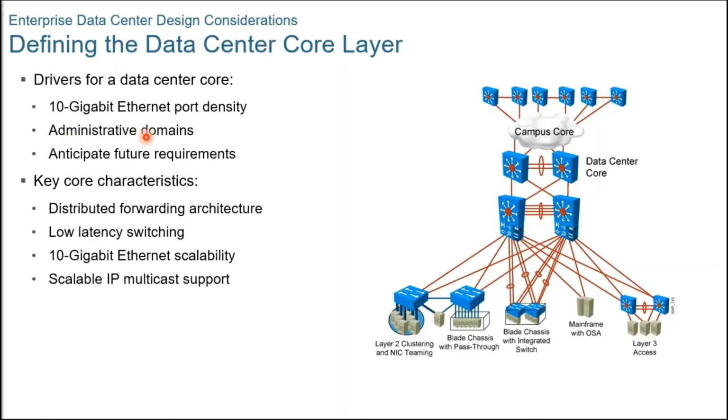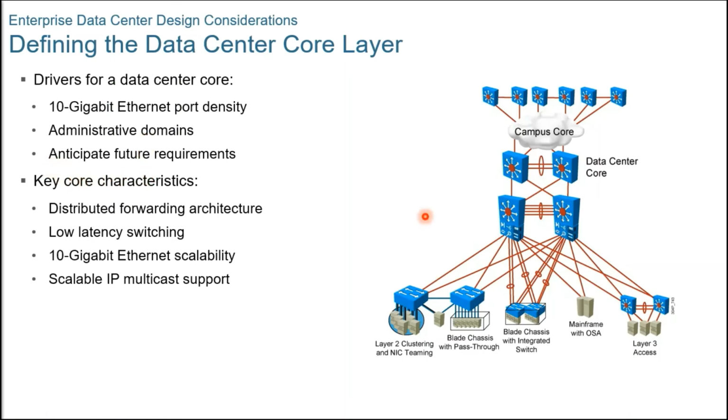Next would be the administrative domains and policies. Separate campus and data center cores help isolate the campus building distribution layers from data center aggregation layers for troubleshooting, maintenance, administration, and implementation of policies using quality of service and access lists.